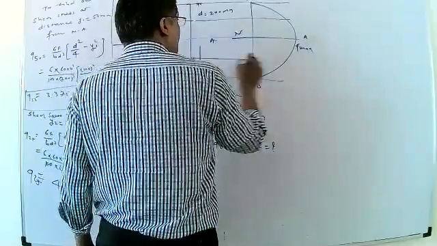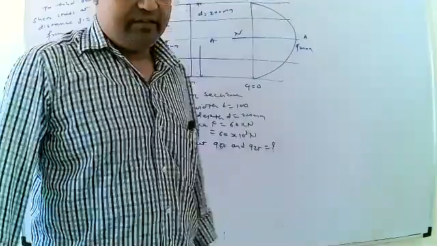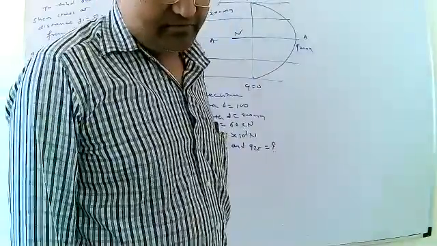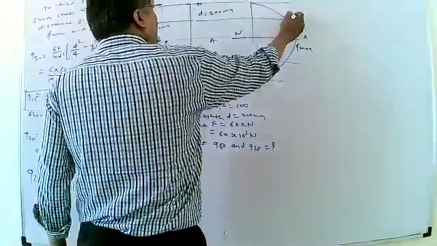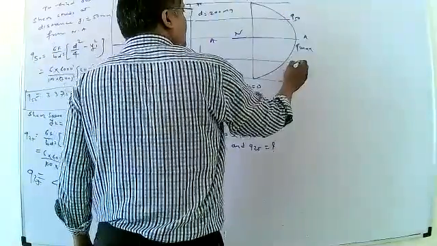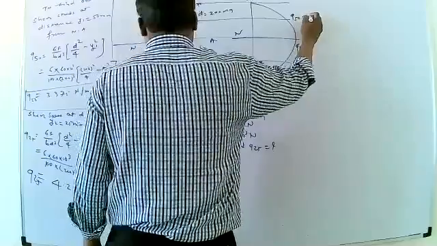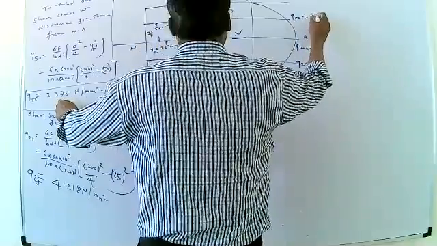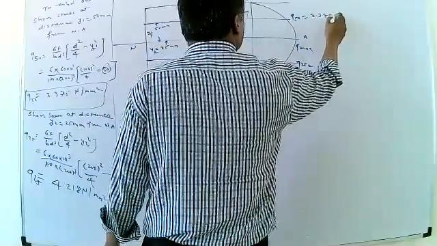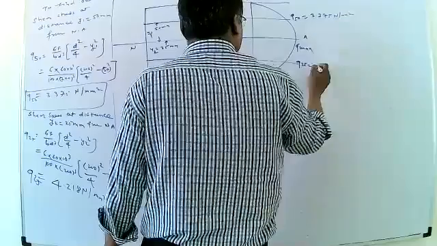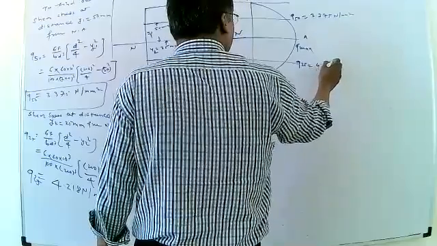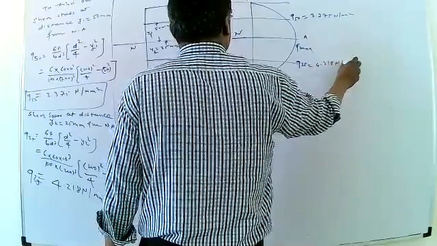Here we have to mark the distances, Q50 and Q25. That value we already calculated: 3.375 Newton per mm square, and here 4.218 Newton per mm square.